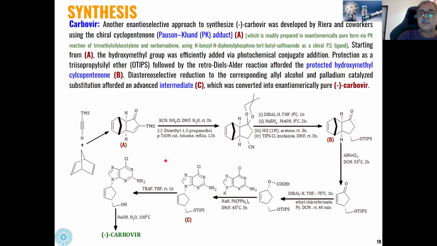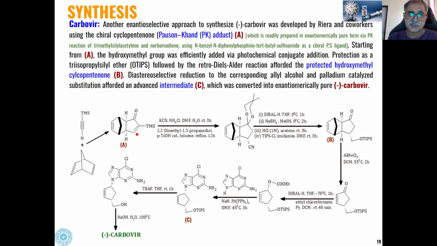Then this is the latest method which is developed by Relra and co-workers, and different substrates have been used. This Boston Kant PK adduct A. This is a chiral cyclopentanol.